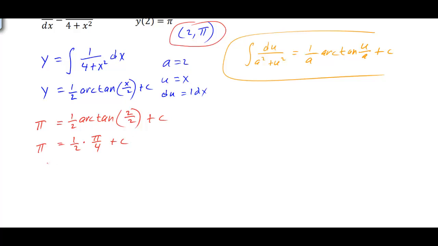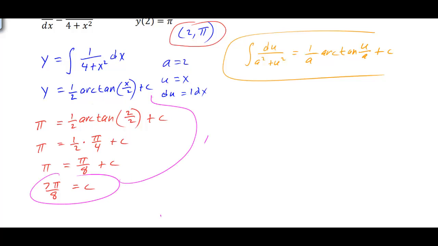So then we would have pi equals pi over 8 plus c. And then if we solve for c, we're going to subtract pi over 8. So pi minus pi over 8 would be equal to 7 pi over 8. So then we can plug this in as our c value, we can plug this back into our equation up here.